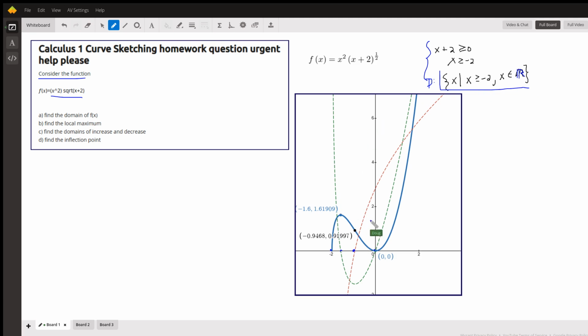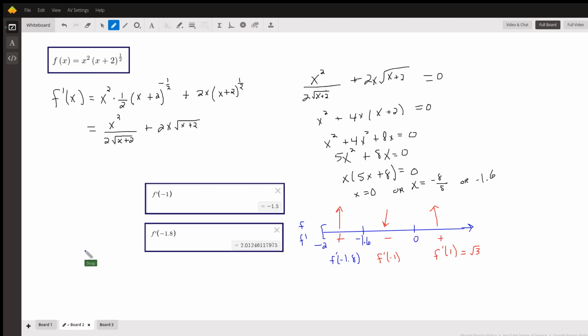Okay, so the question is, how do we get these critical numbers? Well, we first have to find the first derivative and set it equal to 0. My suggestion is to use the product rule. So we'll take the first function times the derivative of the second.